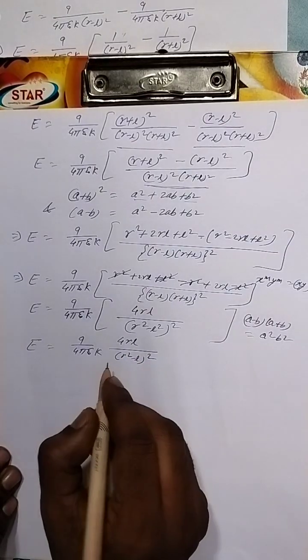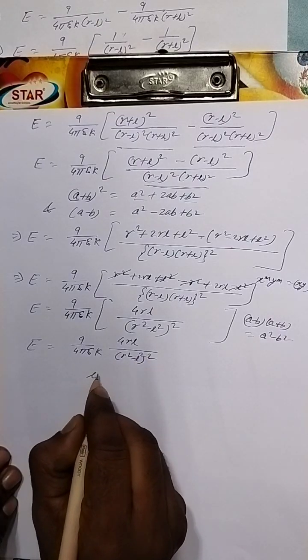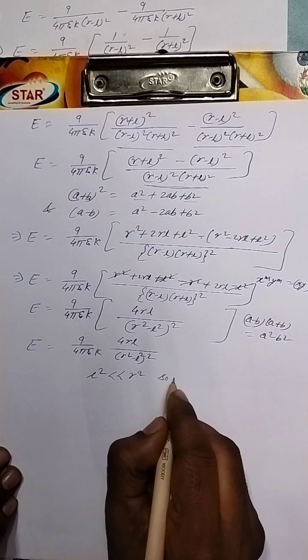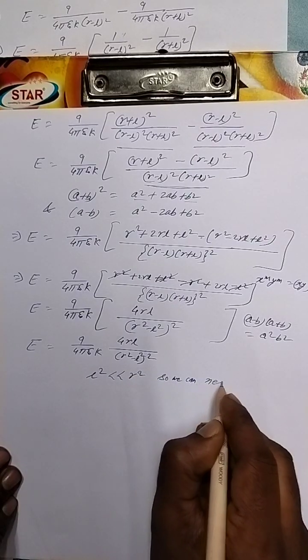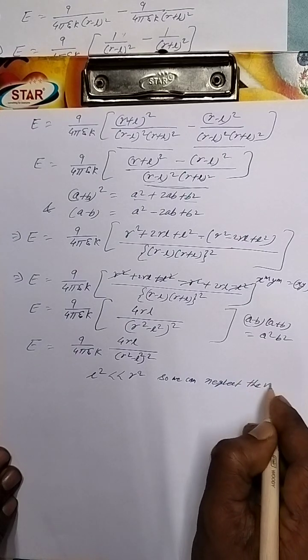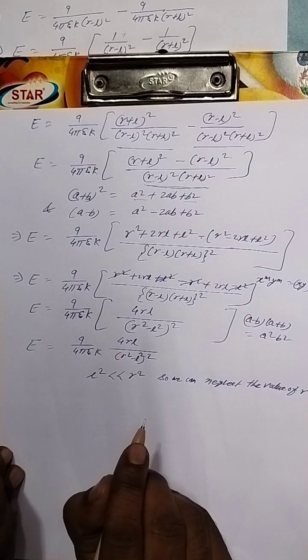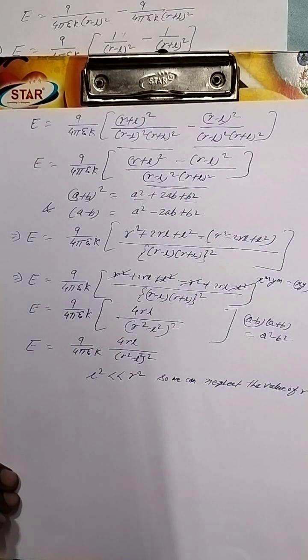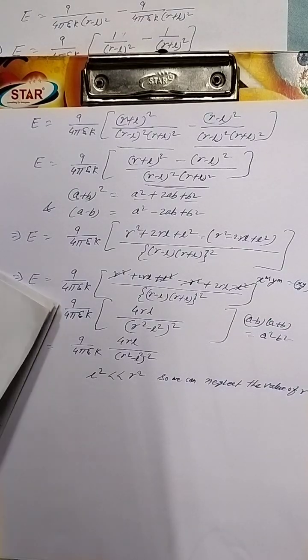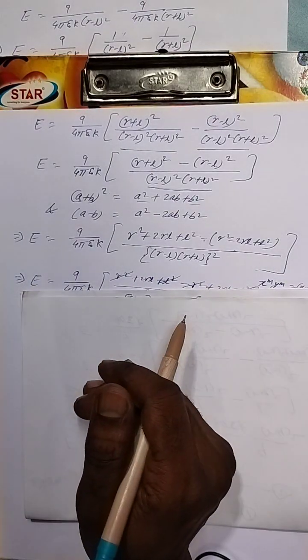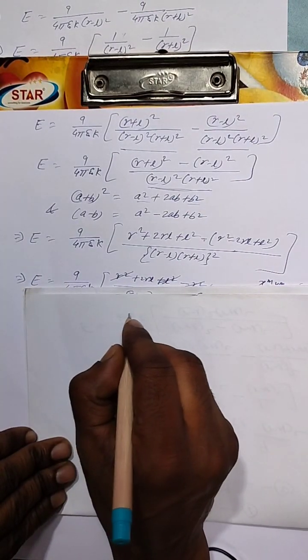Now the value of l square is lesser than r square, so we can neglect the value of l square. Okay, I will show an example for you of how we can neglect it. Look, this is another exercise.